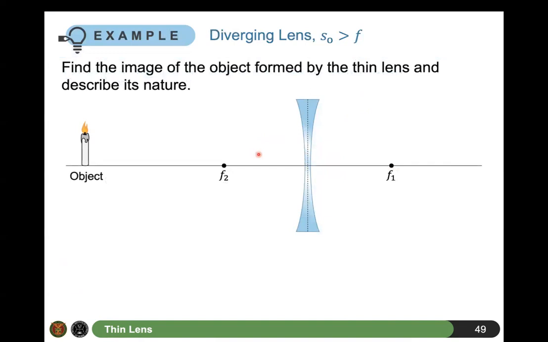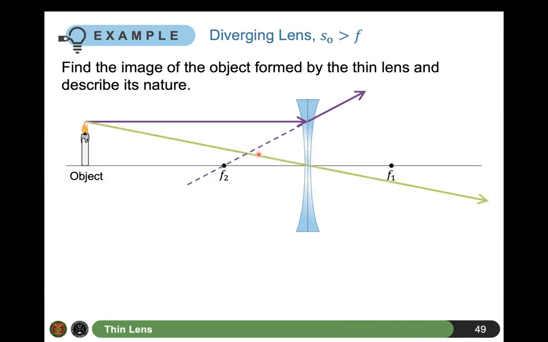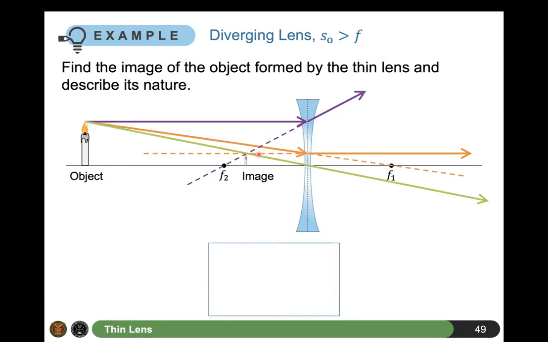Again, there can be three cases. If the object is very far away from the focal point, with the parallel ray, central ray, and focal ray, then the image formed is always reduced, virtual, and upright.